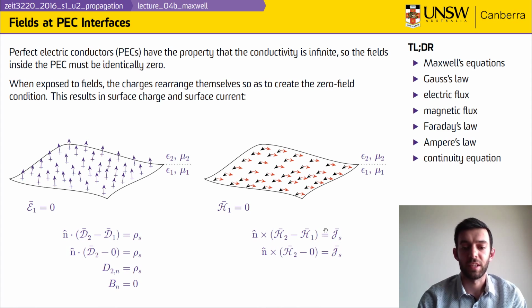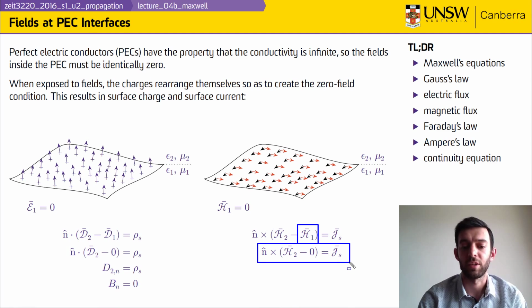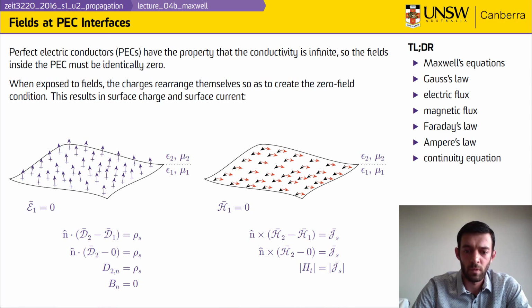Once again, we can realize that H1 is going to be equal to 0, and as a result, n cross H2 has to be equal to J sub s. What this means is that the magnitude of the tangential component of the H field has to be equal to the magnitude of the surface current density, and the tangential component of the E field has to be equal to 0.